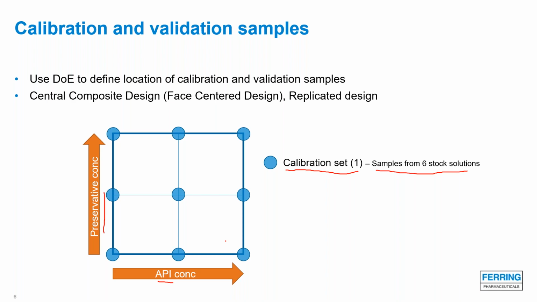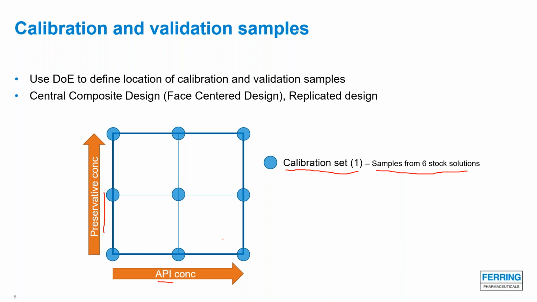The downside of this approach is that if we make a mistake while we are preparing the stock solution, then this error will be translated to all the samples that are manufactured using these stock solutions.